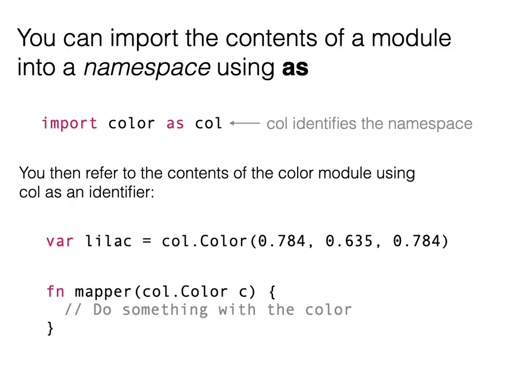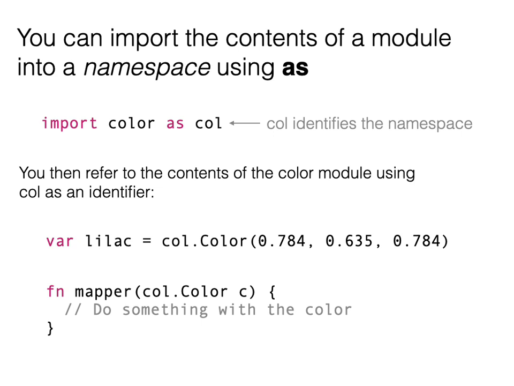Another powerful feature is that we can import the contents of a module into something called a namespace. This allows us to control how the identifiers in the library appear. So here we're importing color as a special into a namespace called col, and then every time we want to use something from the color library, we'll use col to identify it.